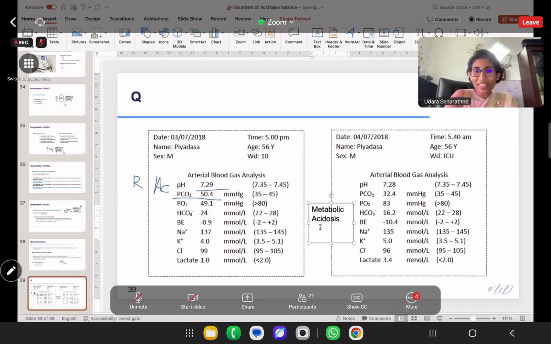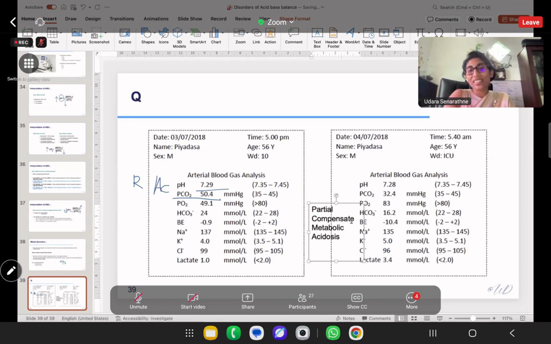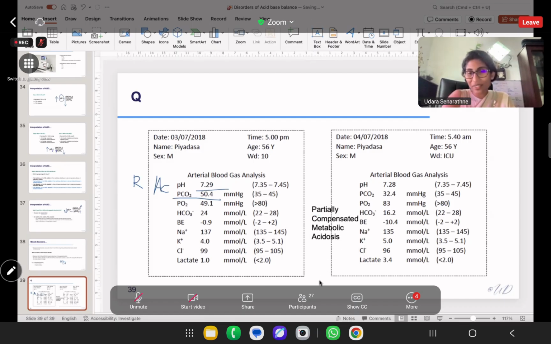It is going to cause alkalosis. Therefore, the respiratory component is actually trying to compensate. So there is respiratory compensation happening. But is it complete? Has the pH come back to normal? No, pH is still acidic. Therefore, it is partially compensated metabolic acidosis. So that's how you work out the ABG.